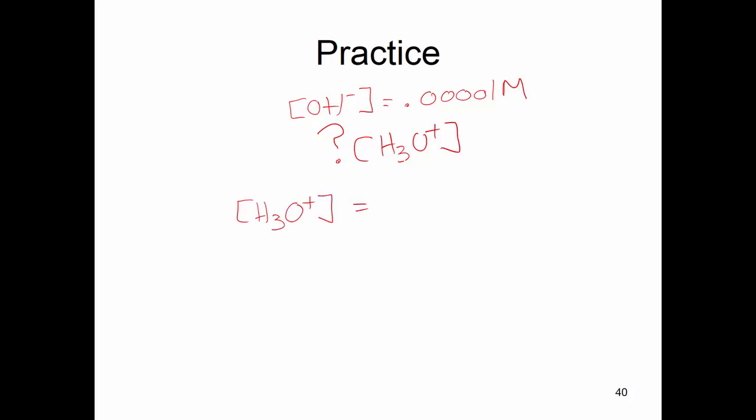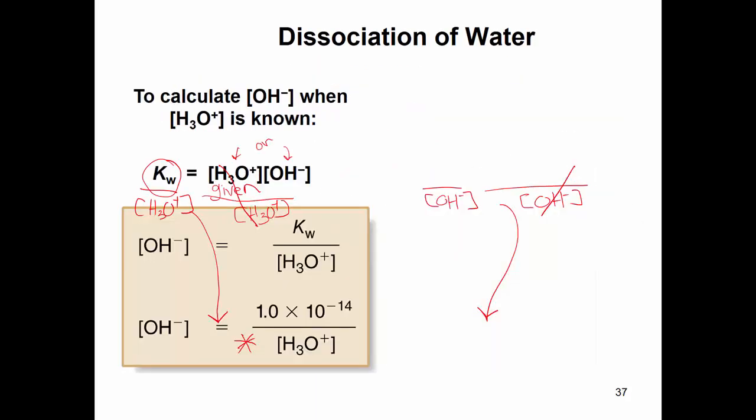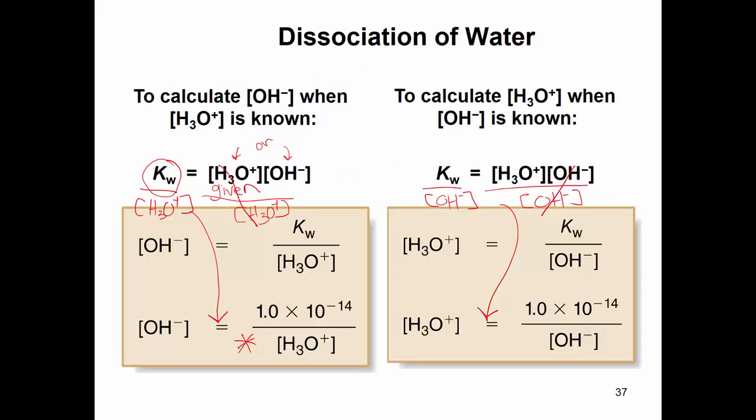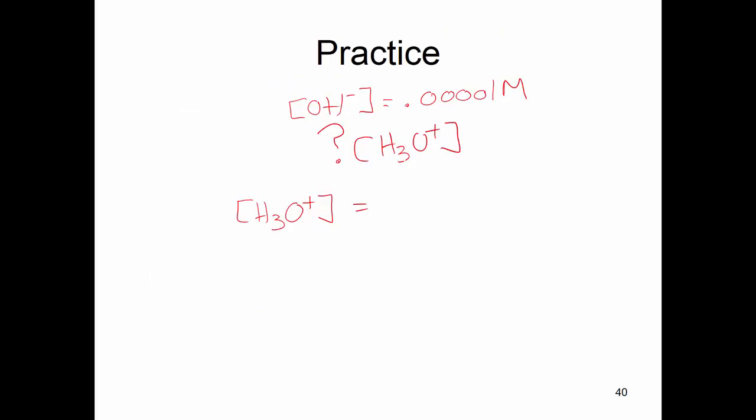If you look back at your previous slide, I'll show it real quick. We take Kw, we rearrange this equation here, which we know is equal to 1.0 times 10 to the negative 14. We take 1.0 times 10 to the negative 14, and we divide by hydroxide concentration, which is given.